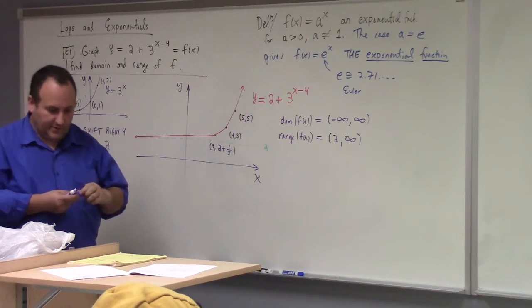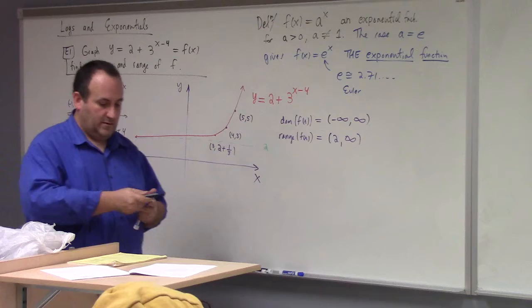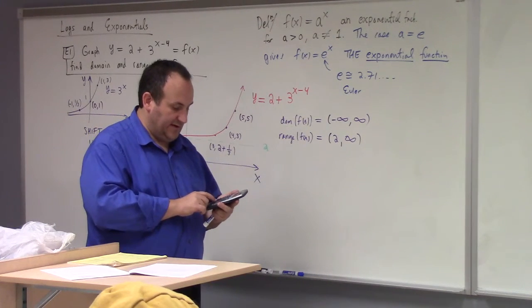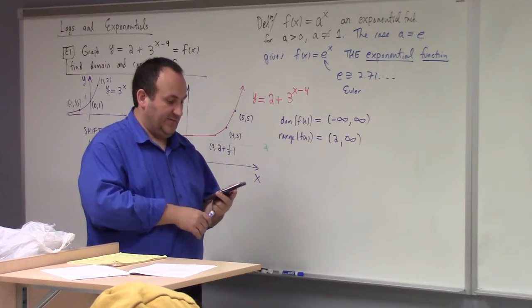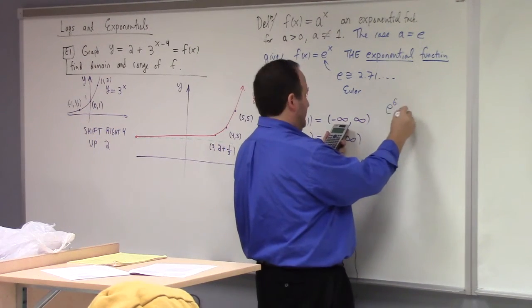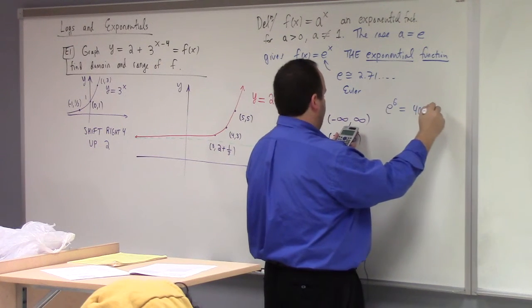Now, in your calculator, you actually have this e. My calculator has e to the whatever, so I can go e to the 6th, and it'll tell me e to the 6 is equal to about 403.43.